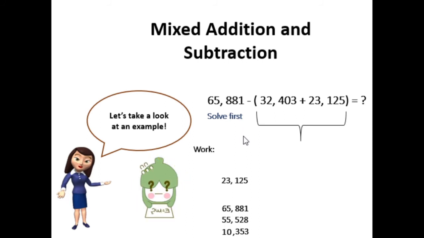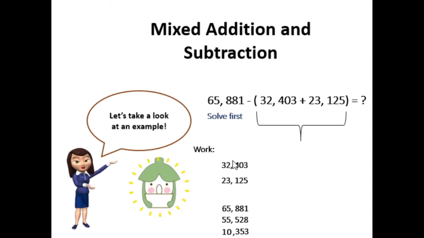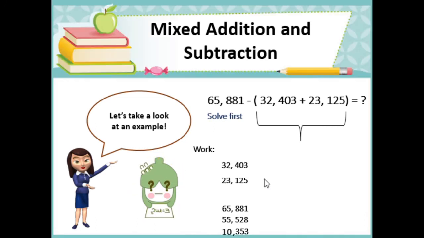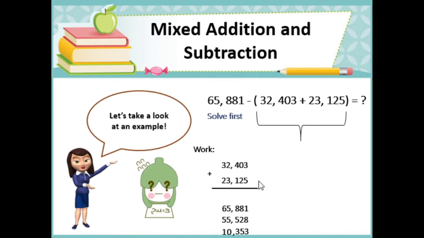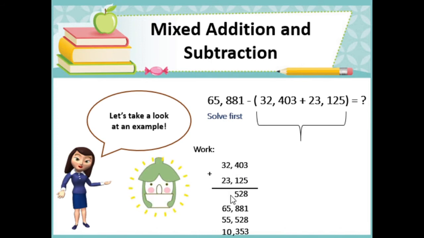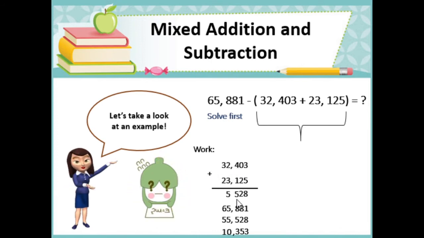Now we can work 32,403 plus 23,125. 3 plus 5 equals 8. 0 plus 2 equals 2. 4 plus 1 equals 5. 2 plus 3 equals 5. 3 plus 2 equals 5.